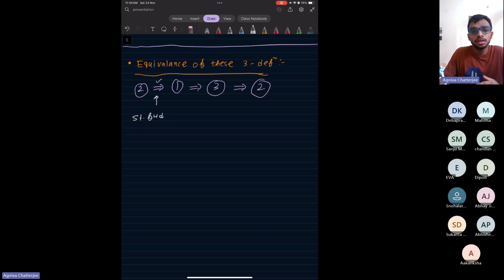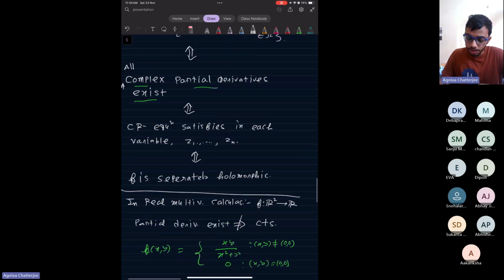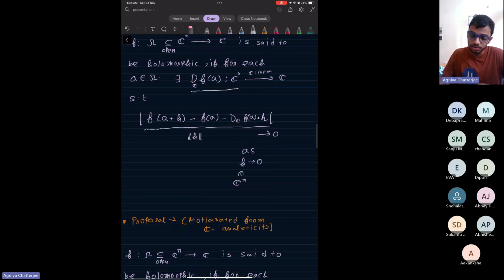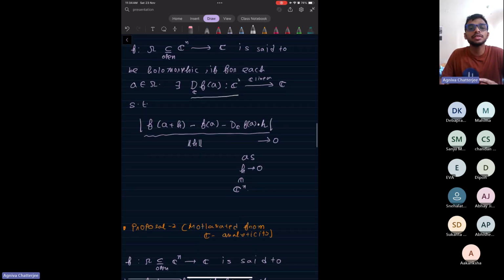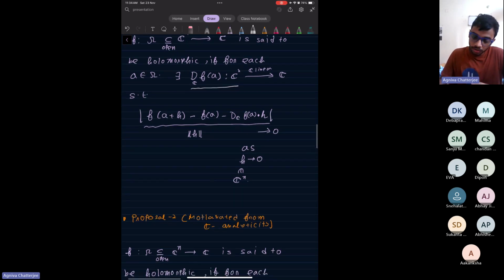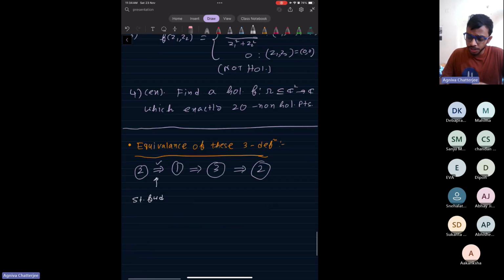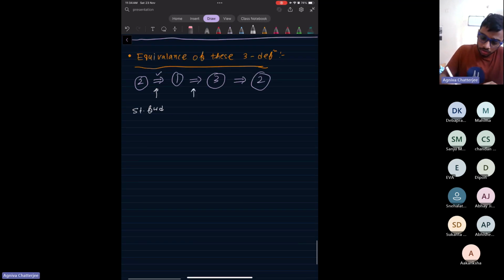1 implies 3: if this quotient definition is satisfied, that basically means that the Cauchy-Riemann equation is true. Now, this is not very difficult. It is similar to the one complex variable Cauchy-Riemann equation.